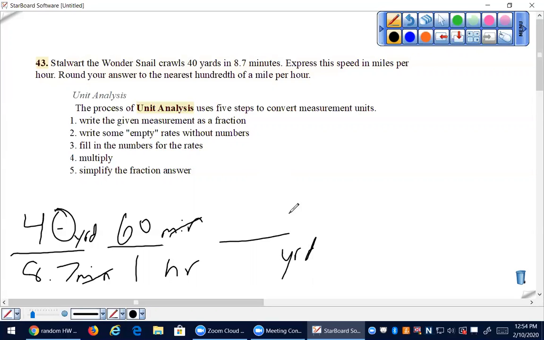Yes. So mile on top. And you said 1,760. Yes, sir. And then yards on the bottom. So you put the 1 there.